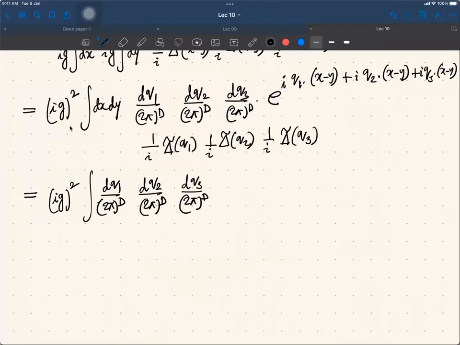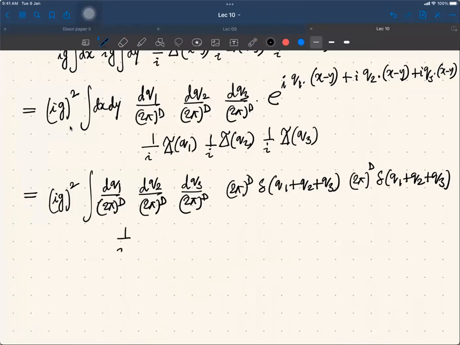If you do the x integral, then it will be a delta function imposing q1 plus q2 plus q3 equal to 0. So that is 2 pi to the power d delta of q1 plus q2 plus q3, and the same thing happens for the y integral, delta of q1 plus q2 plus q3.